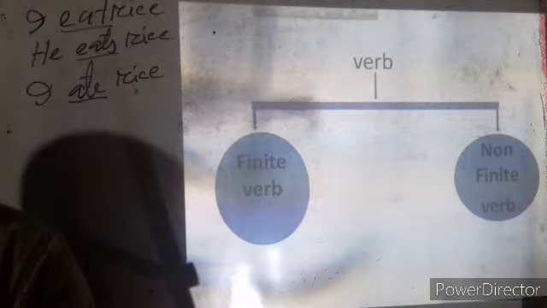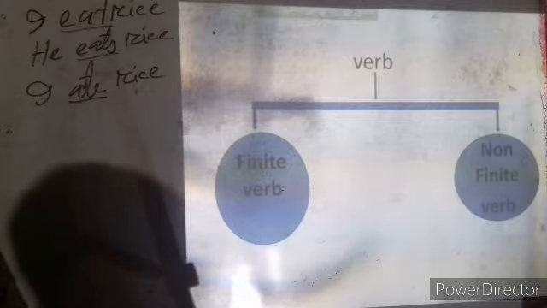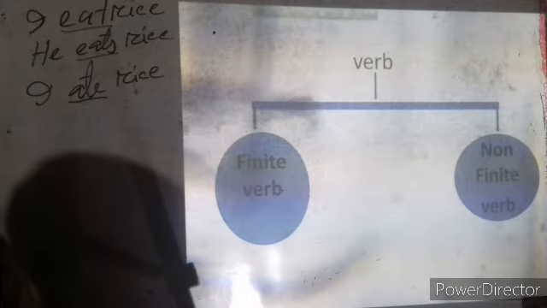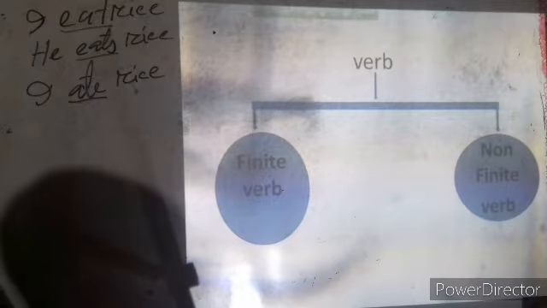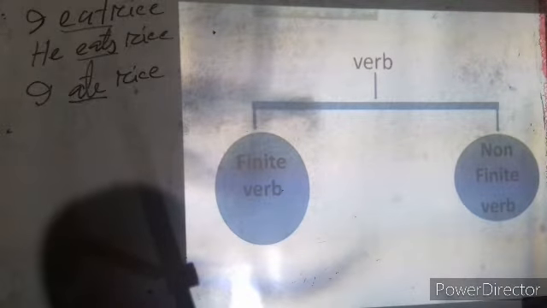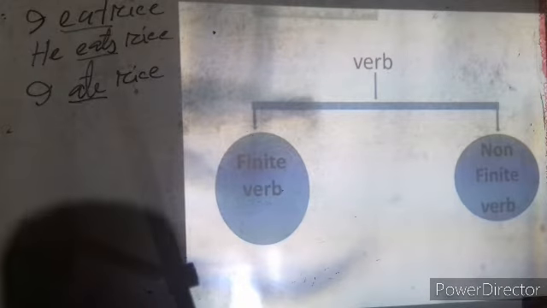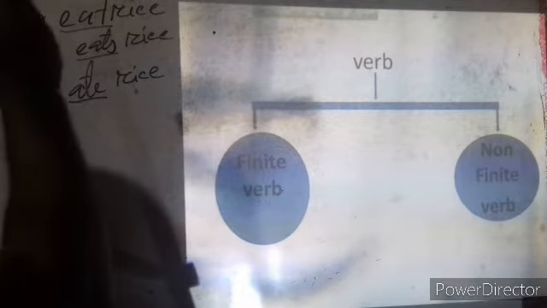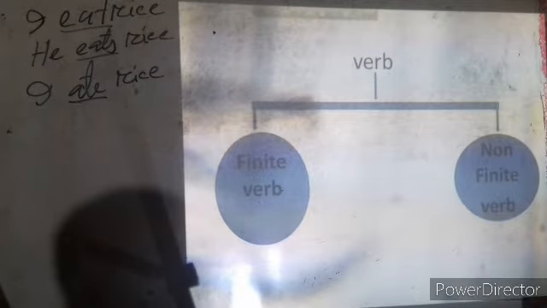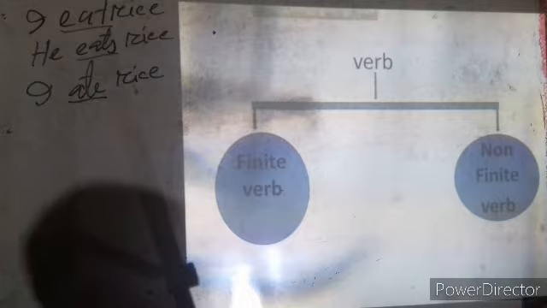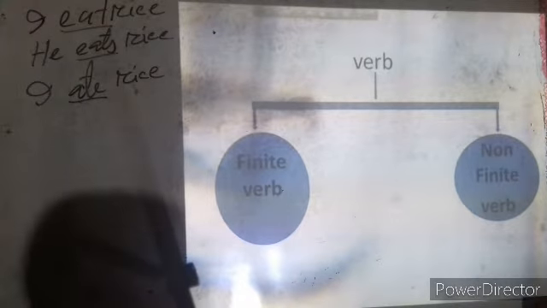So, my dear students, if the verb changes according to the subject and number, then it is called a finite verb. I would like to repeat again. If any verb changes according to subject and number, then it is called a finite verb.